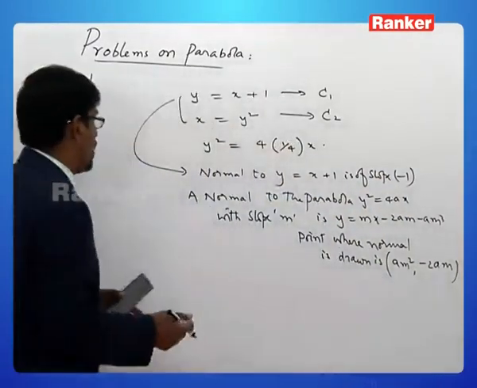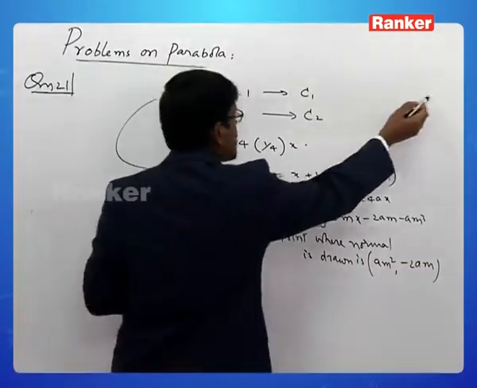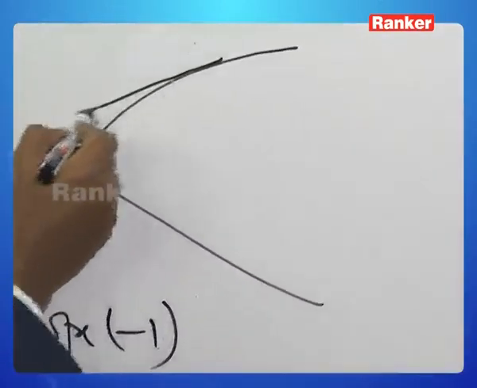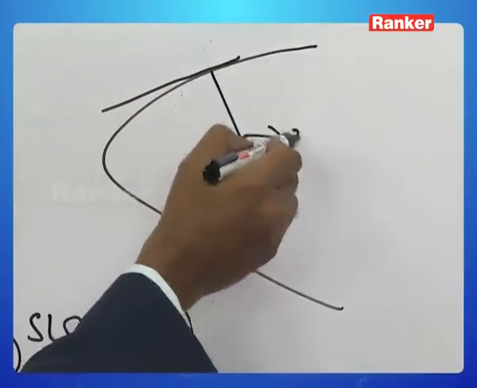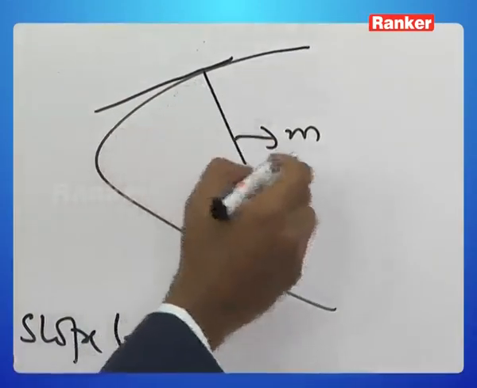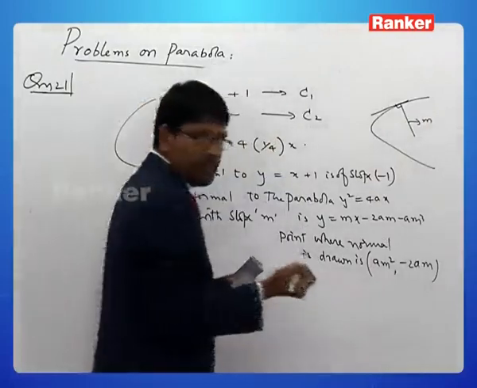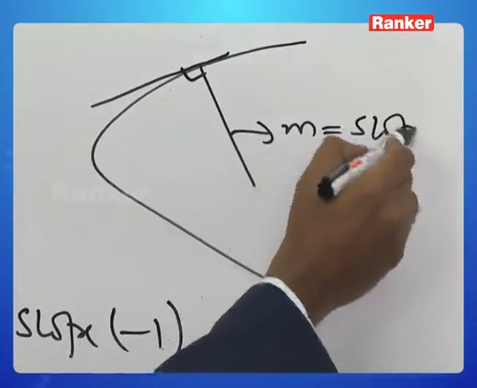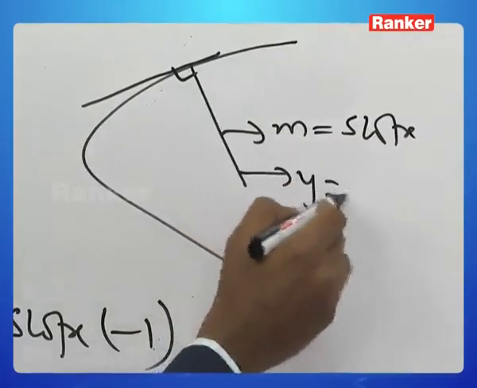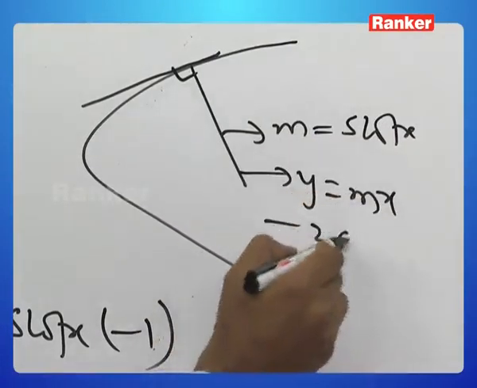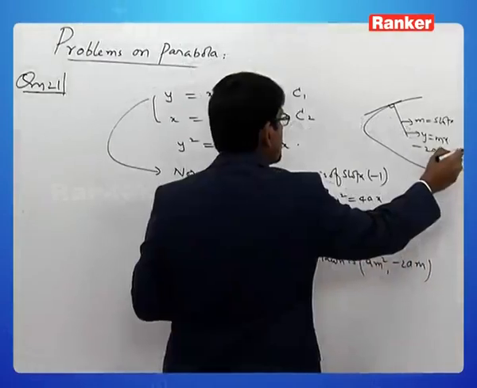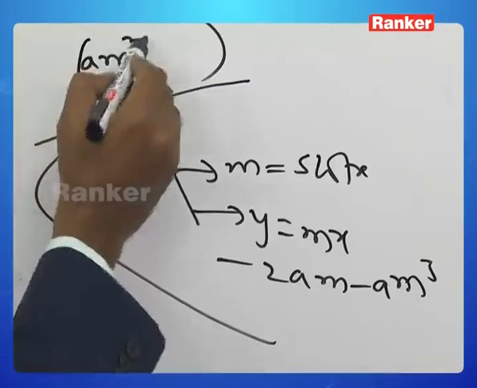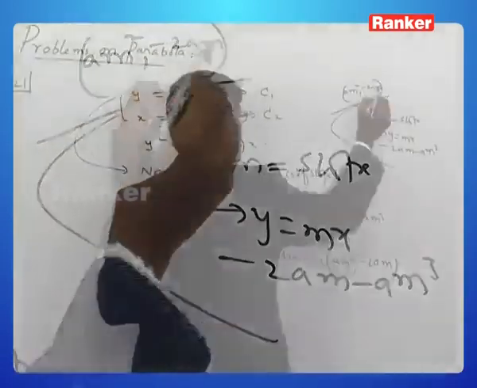That is, when you have the parabola y square equal to 4ax, a normal with slope m is given by y equal to mx minus 2am minus am cube, and the point where you are drawing the normal is given by (am square, minus 2am).